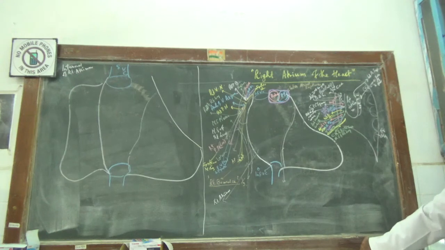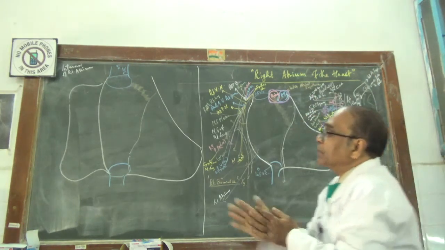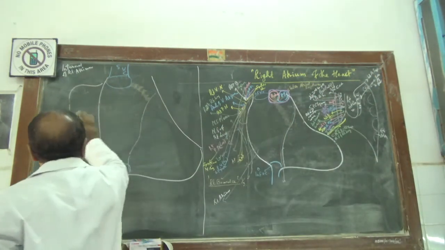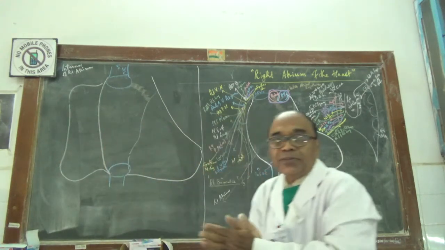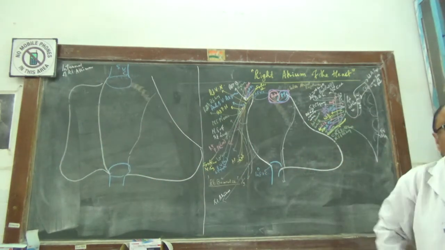This chamber has two portions: the anterior part of the internal aspect and the posterior part of the internal aspect.